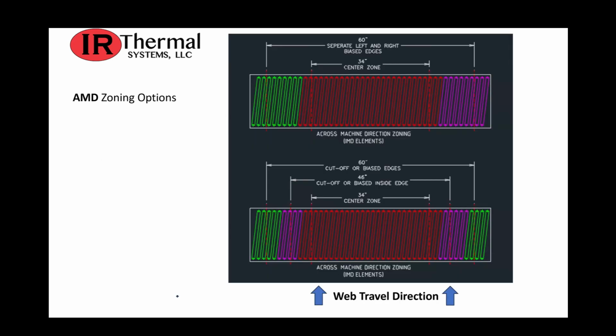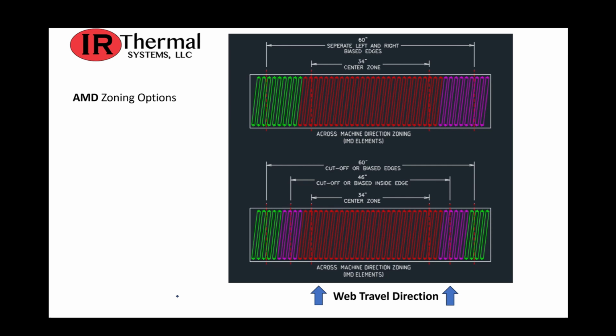So let's look at some diagrams. Here are some AMD zoning options. There are a couple of pictures here that show one on the top with separate left and right biased edges. You have a 34-inch center zone with a total width of 60 inches. And you can see you have different temperatures for the green and for the red and for the purple there.